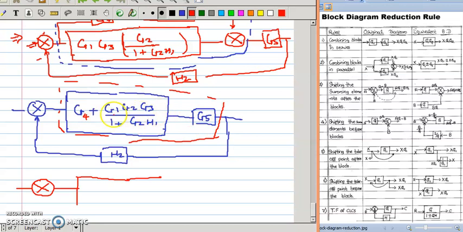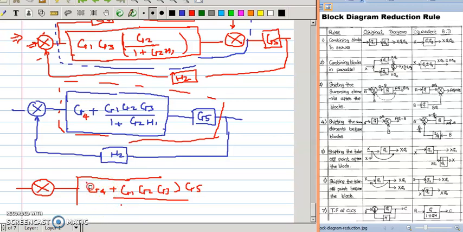So just multiply G5. So G4 plus G1, G2, G3 and G5, right? Because G5 is in series, that's why it is multiplication, right? I think we can't do it like this.